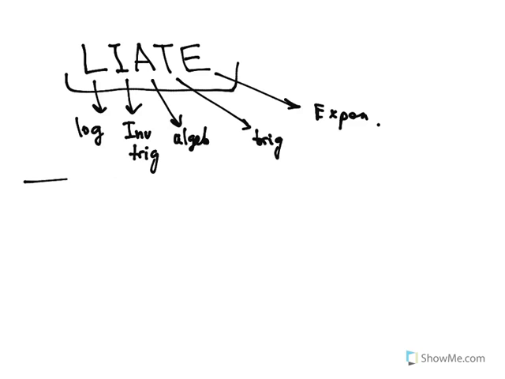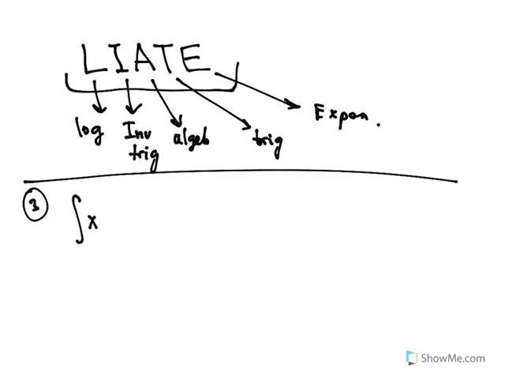So here's what I mean. Let's say we need to find integral x squared ln x dx. Now, we need to decide which one is u. I'm going to put the formula again: integral of u v prime equals uv minus integral v u prime.